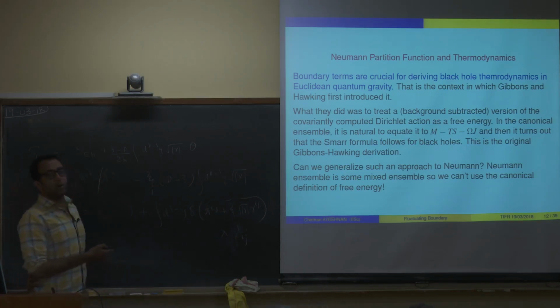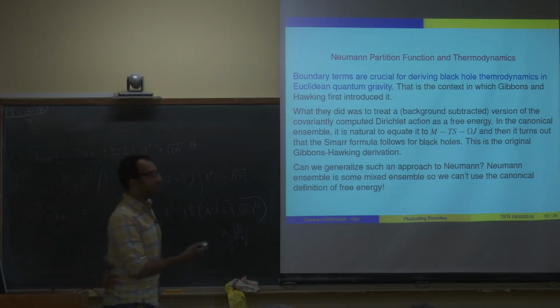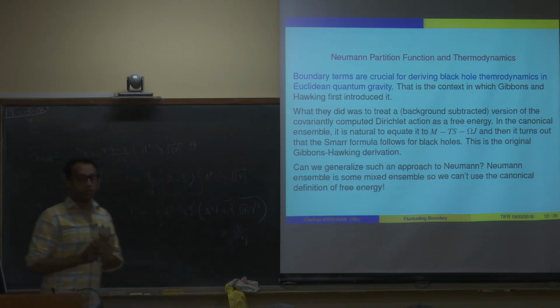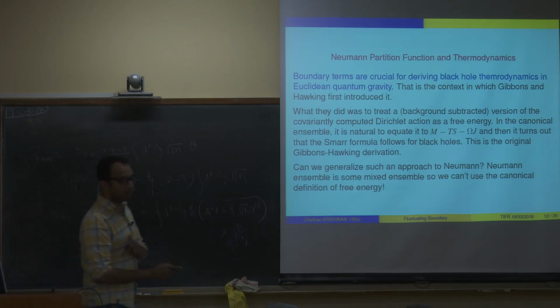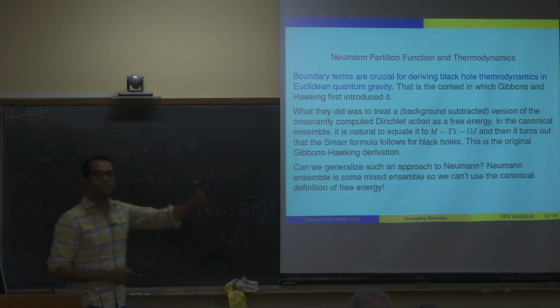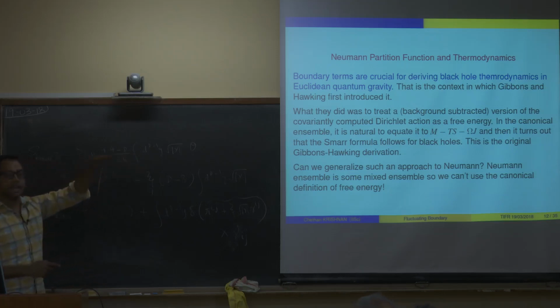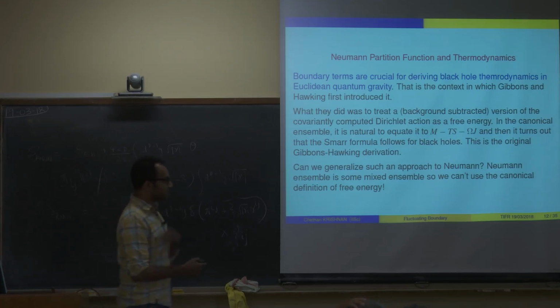So our goal will basically be to reproduce that. Can we reproduce that? We are not going to make very strong statements. We are just going to say that we can start with the Neumann partition function and Euclideanize it or complexify it, and look for a saddle which is completely well defined, a regular saddle.